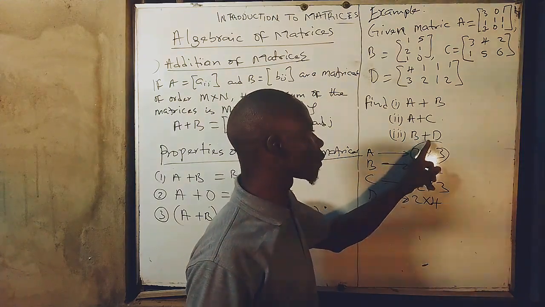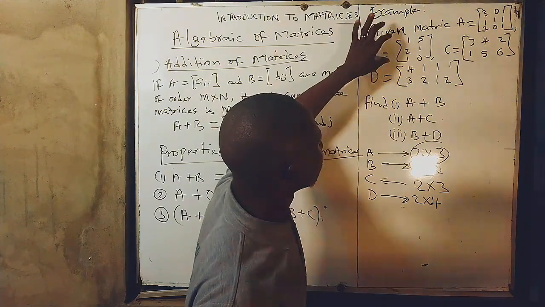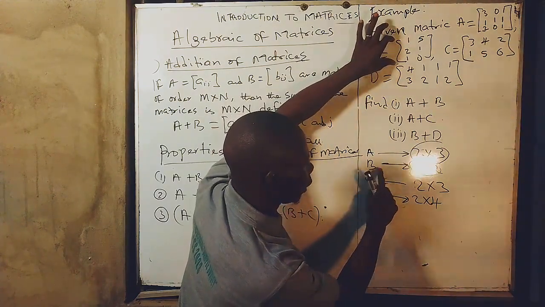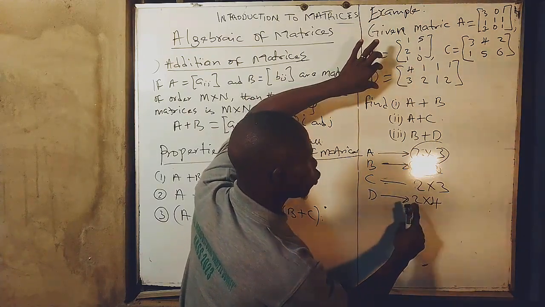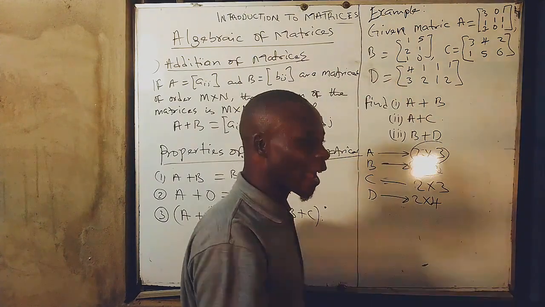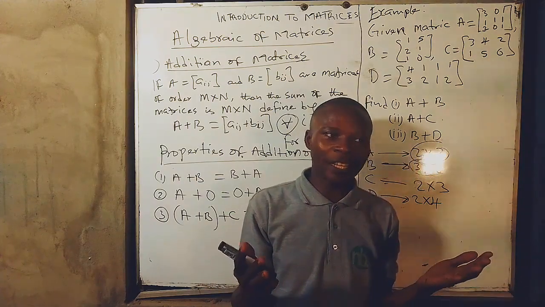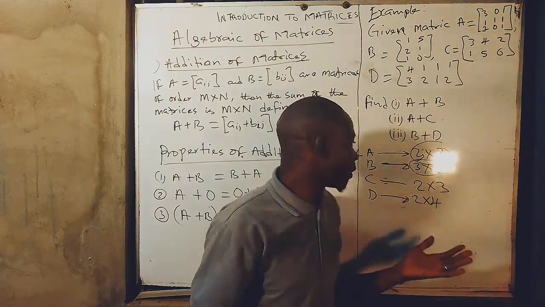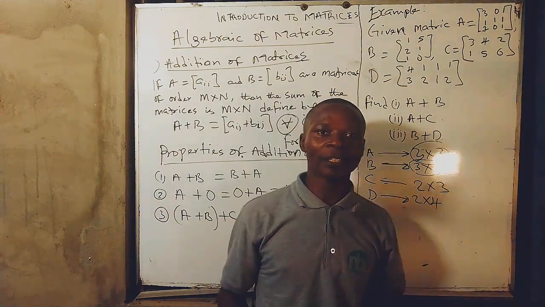Finally, B plus D. B is a 3 by 2 matrix. D is a 2 by 4 matrix. So it's like adding sugar and salt, which is not possible. Since you can't add sugar and salt, it means that these matrices cannot be added.